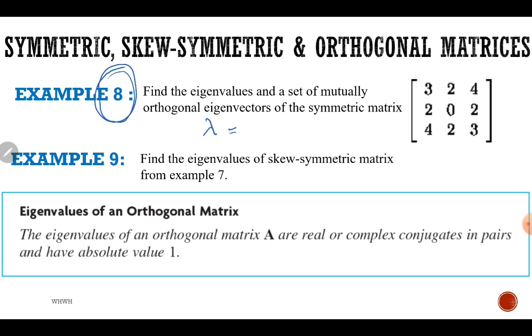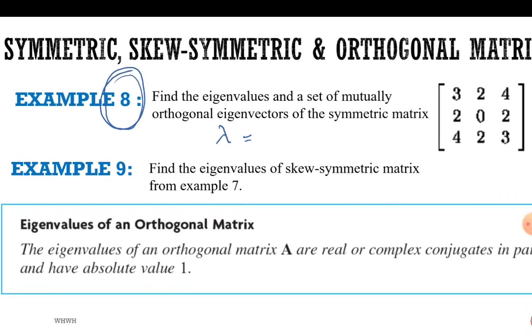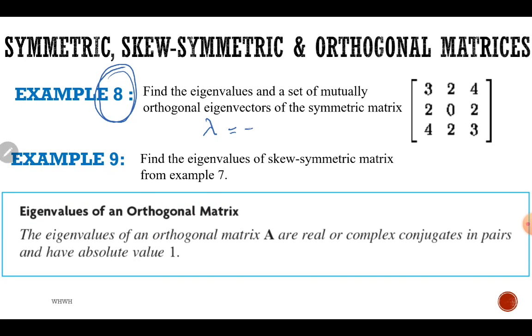I can give you the answer. Eigenvalue untuk example 8 ni kita akan dapat negative 1, negative 1 and 8. But I'm not going to discuss, and up to you lah kalau you nak.